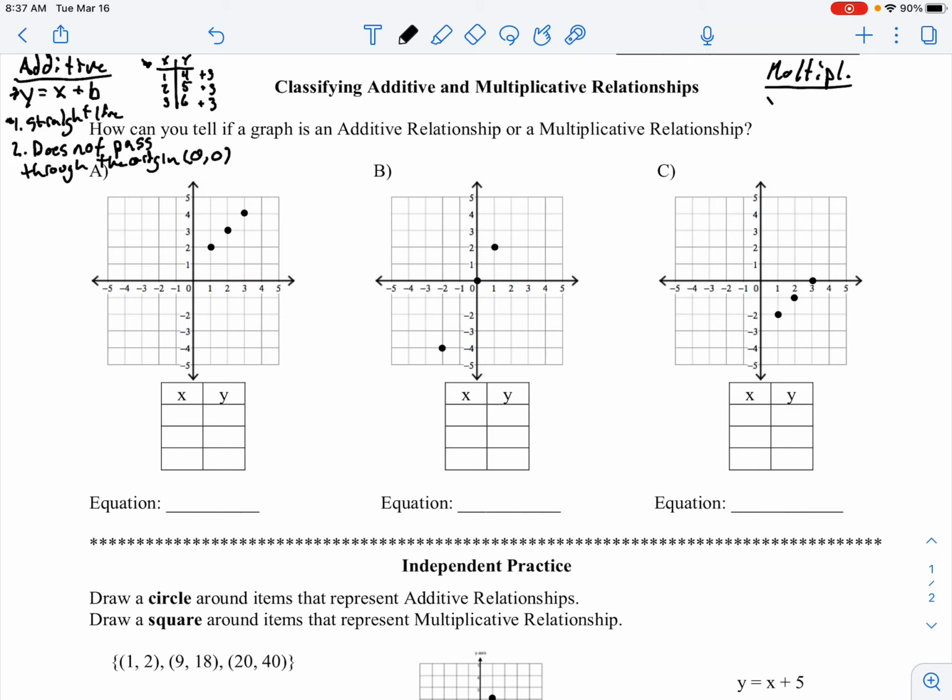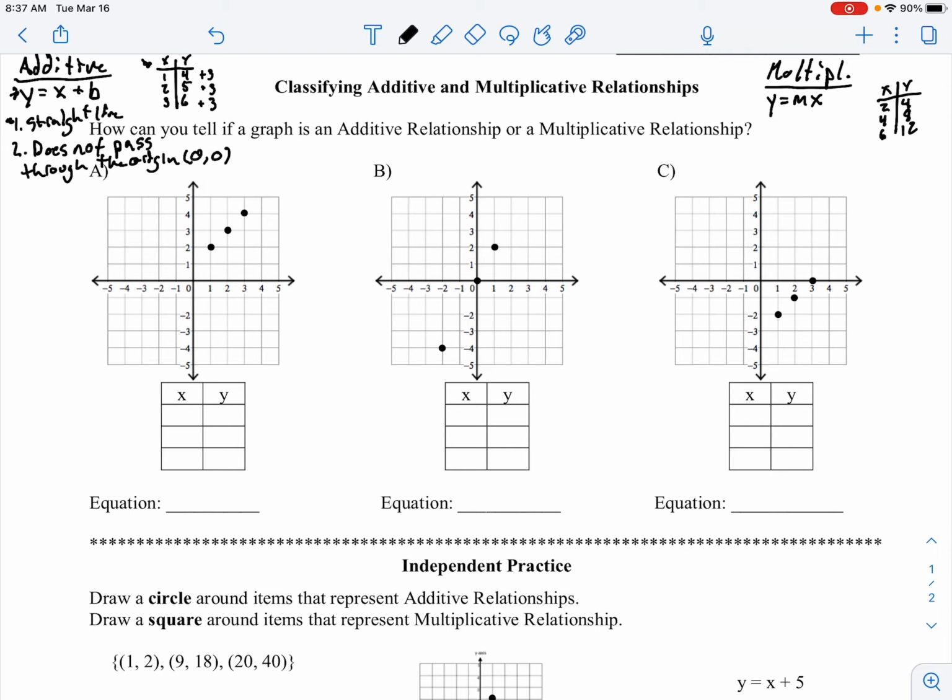So for multiplicative, if we remember from our notes yesterday, they follow the equation y equals m times x, where m is anything but 0. M cannot be 0. How can we tell from a table? Well, x, y. So let's go 2, 4, 6, and then 4, 8, 12.